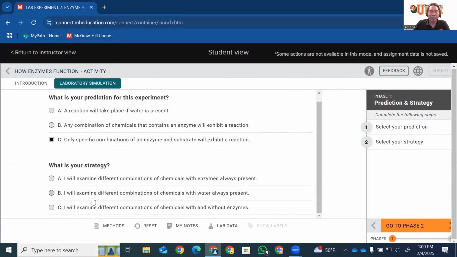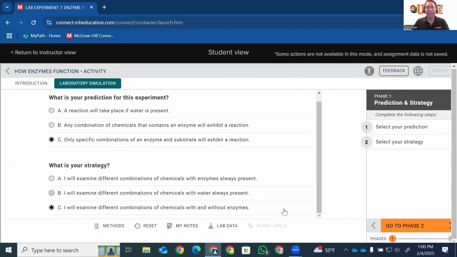I will examine different combinations of chemicals with water always present. No, we are actually testing the enzyme. I will examine different combinations of chemicals with and without enzyme. That's going to be our strategy, so I will do this.